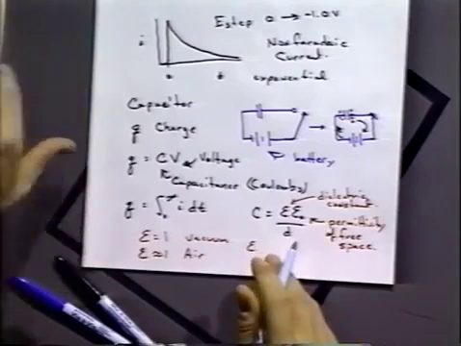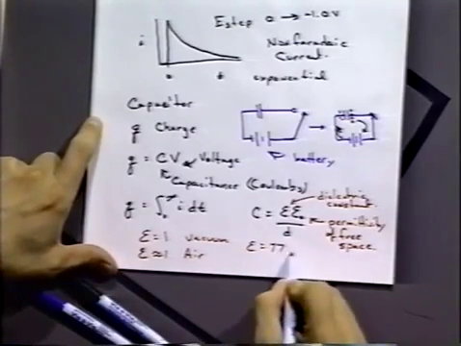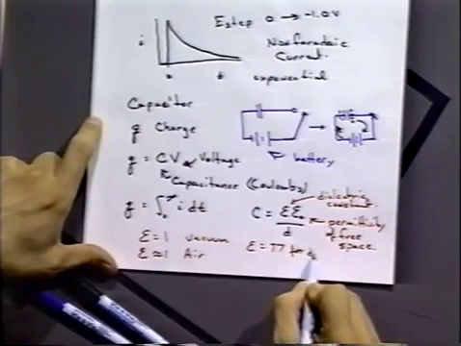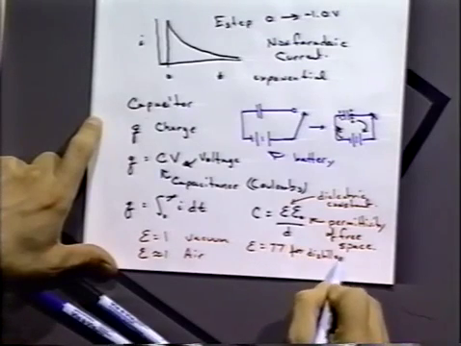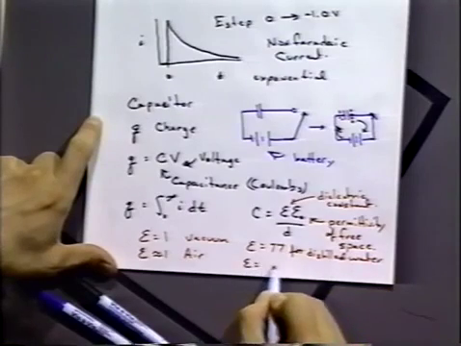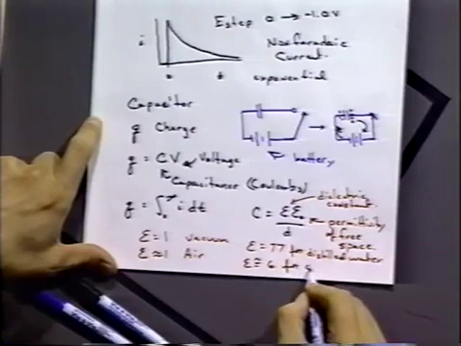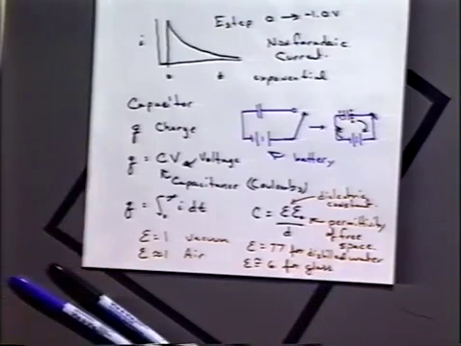Epsilon is 77 for distilled water. And epsilon is approximately 6 for things like glass. Plastics might have a dielectric constant of 3 or so.